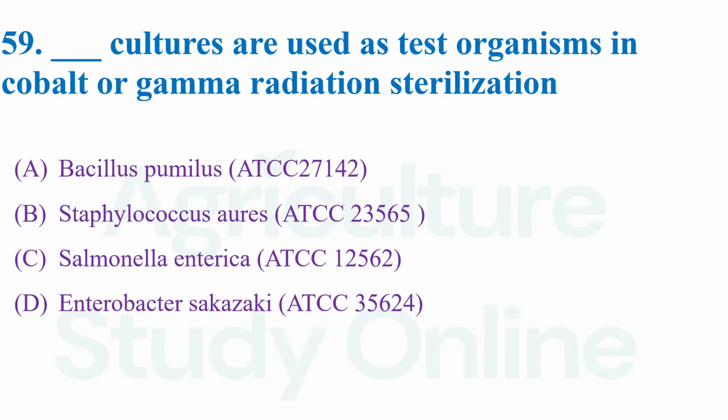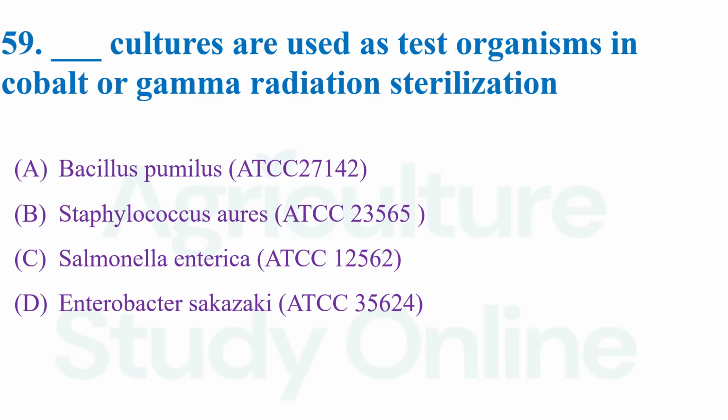Question number 59. Cultures are used as test organisms in cobalt or gamma radiation sterilization. So in gamma, that is cobalt 60 radiation sterilization, highly radiation resistant microorganisms are used as the biological indicators. And the most commonly used organism is Bacillus pumilus.